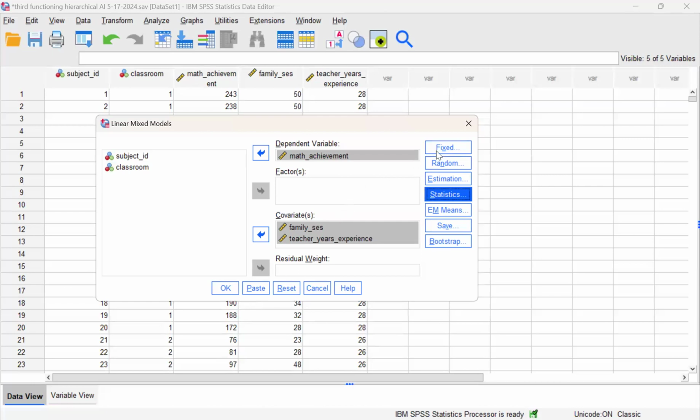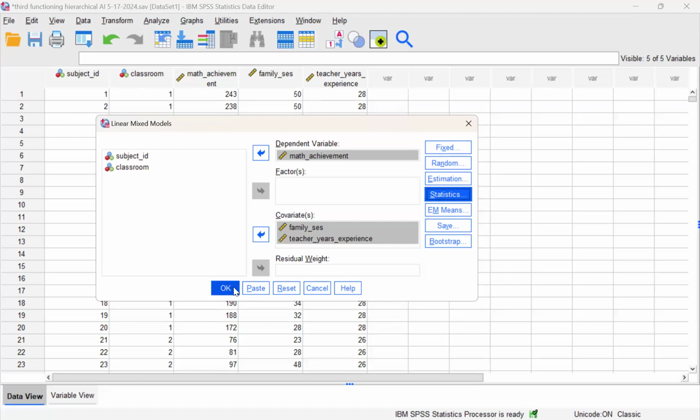And so when you see this fixed subroutine, it's adding components to the fixed portion of the combined equation. When you see this random subroutine, it is adding components to the random or the stochastic side of the combined equation. But right now, we're only going to ask for the mean and the variance.